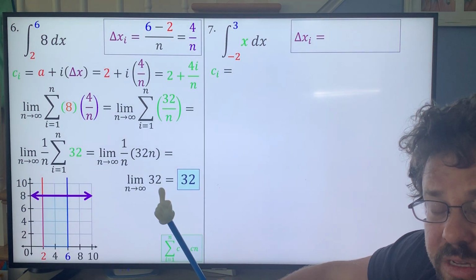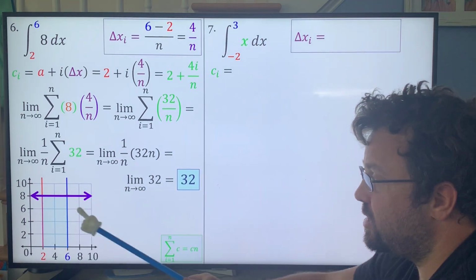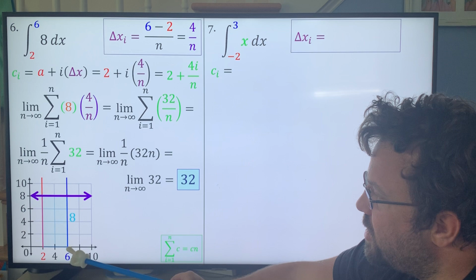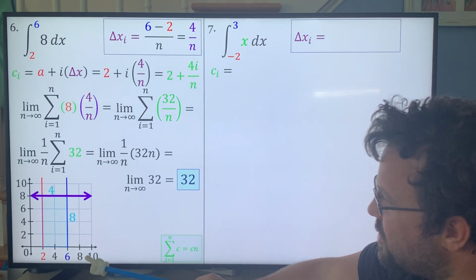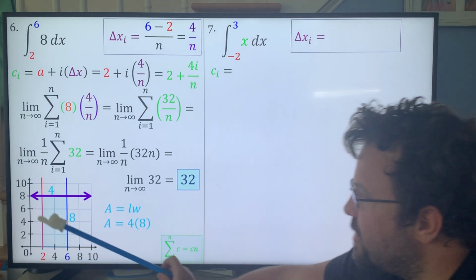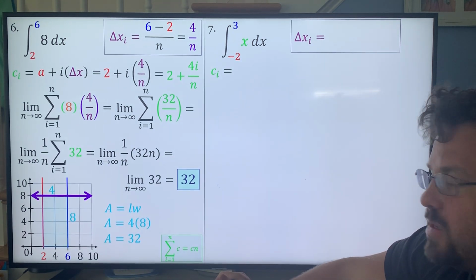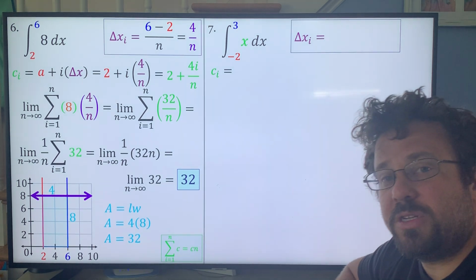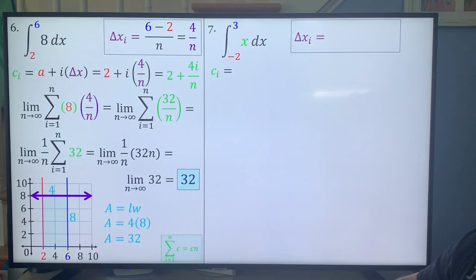So if I was going to do this with geometry, this is a rectangle, right? If I did length times width, height's 8, width 4, right? 4 times 8 is 32. See that? 32, 32.